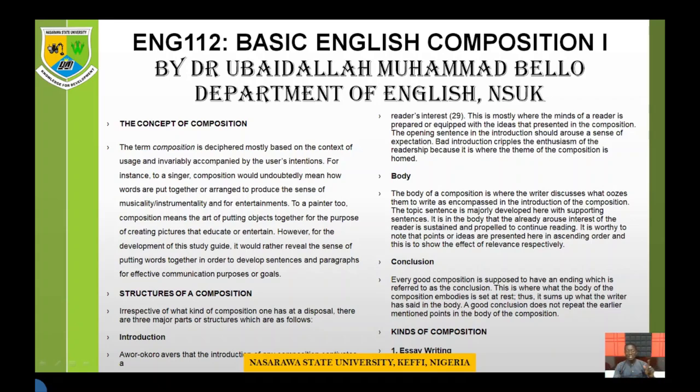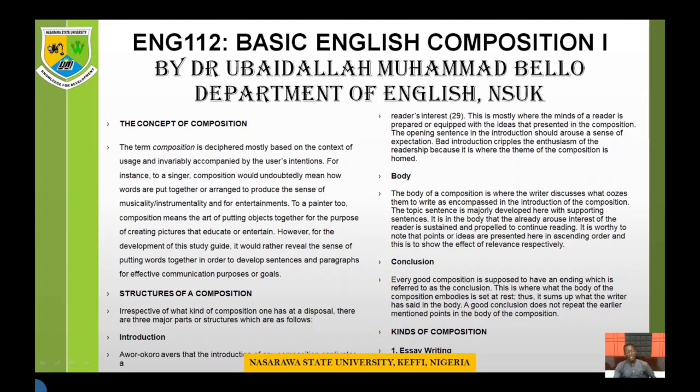We have to understand the context within which it is used for its preferable meaning to be deciphered. In this particular course, as I have already said, the composition meaning has to do with how we put words together to develop sentences and paragraphs for effective communication purposes or goals.